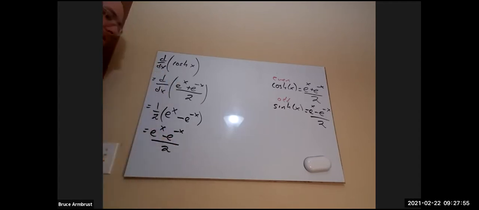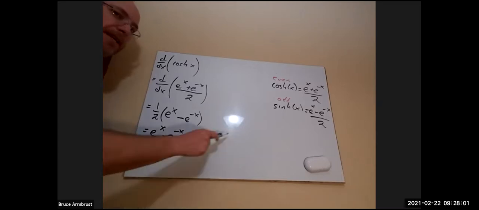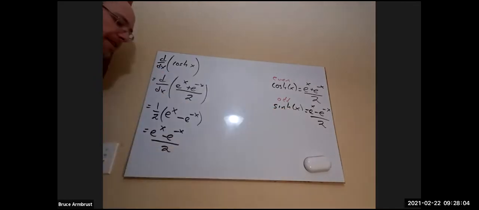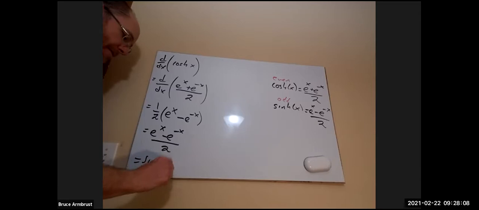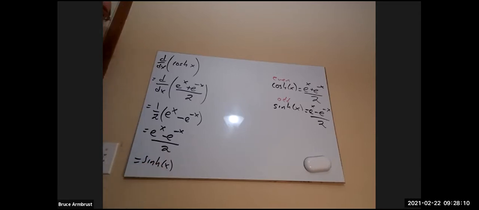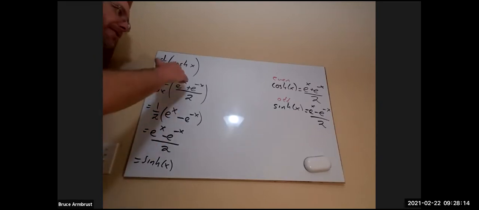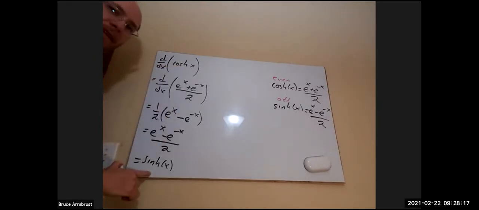So there's the derivative of cosh. But if you just peek over here, you'll see that that is just a good old sinh. So the derivative of cosh is sinh.